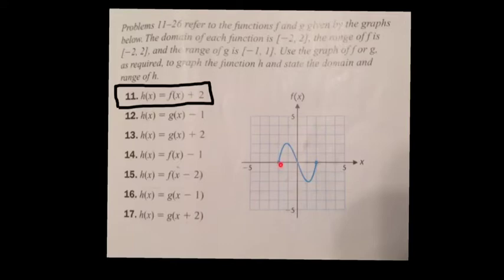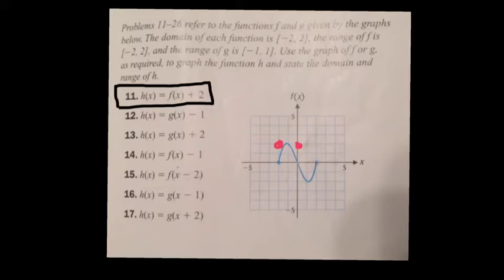So here's a point on the function f. If I shift that 2 units up, that would put me right here. Another point that it passes through is the origin. If I shift that 2 units up, that places me here. Same with the point right here.